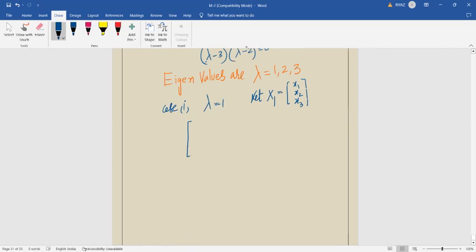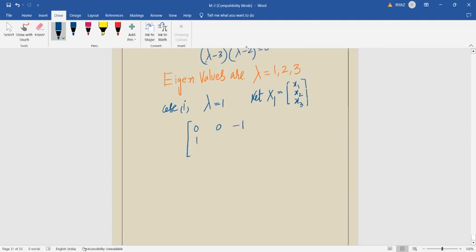So if you put lambda equal to 1, and substitute, you will get 0, 1 minus 1, 0, already 0, minus 1.